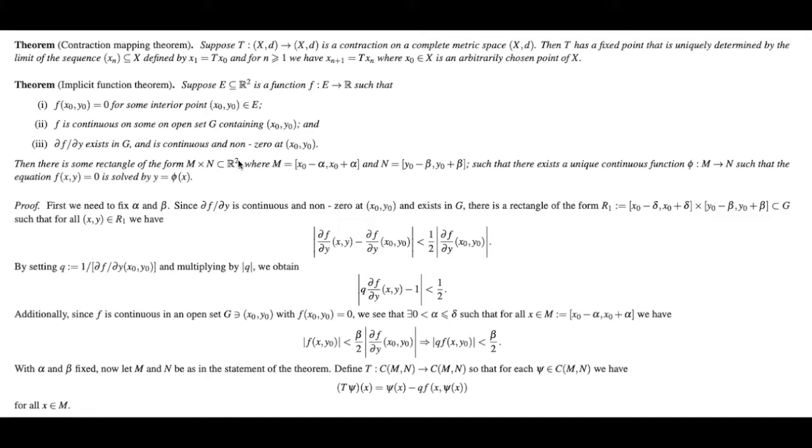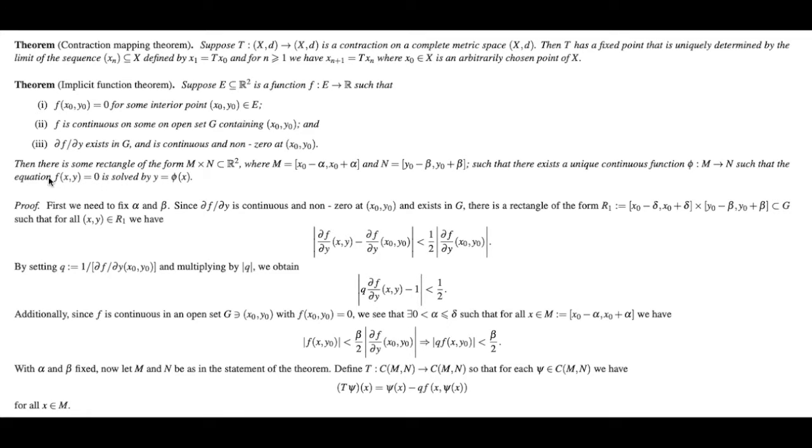With these three conditions satisfied, we claim that there is some rectangle of the form M cross N, which is a subset of the Euclidean plane R squared, where M equals x0 minus alpha to x0 plus alpha, and N equals y0 minus beta to y0 plus beta, such that in this rectangle M cross N, there is a unique continuous function phi from M to N, such that the equation f(x, y) = 0 is solved by y equals phi(x).